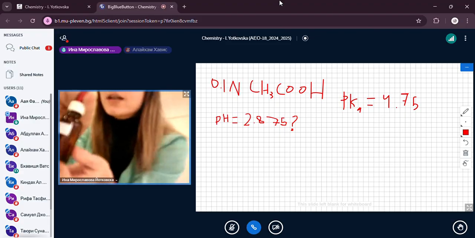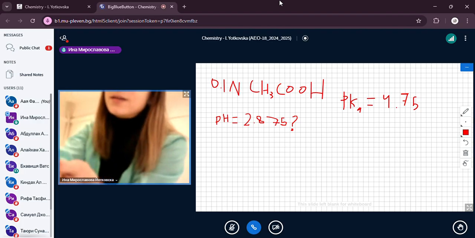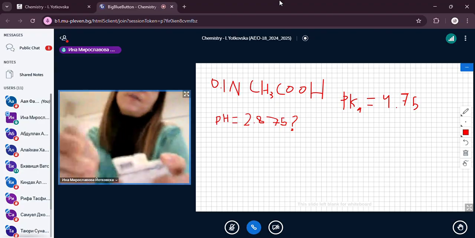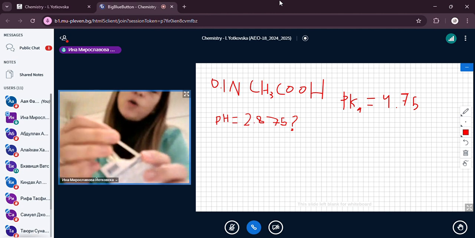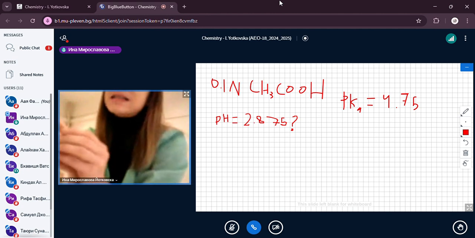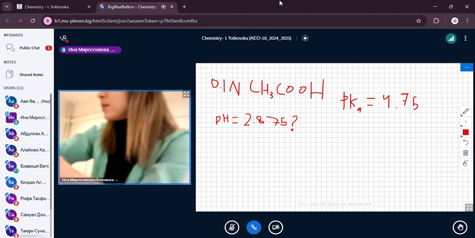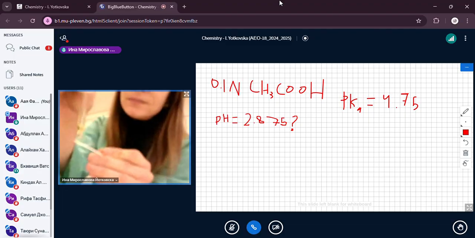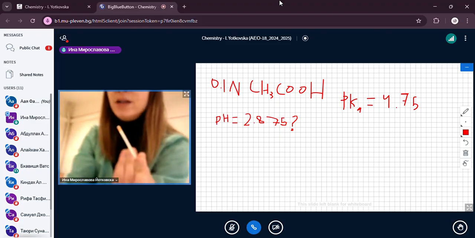The next solution, again biological material, is urine. What must be the pH of urine? Close to neutral or slightly acidic. It must be close to 6. Again, this is not a real solution of urine.